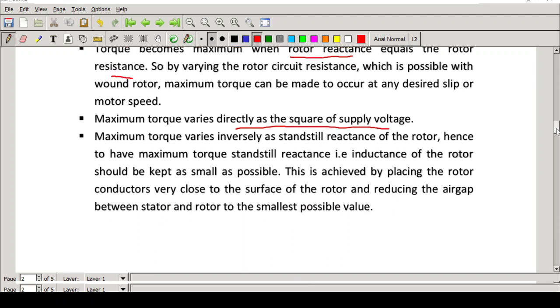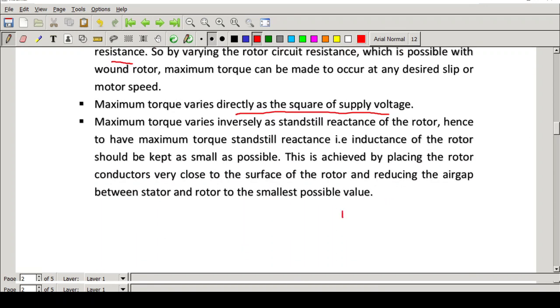Since the maximum torque under running conditions is inversely proportional to the reactance, what we can do is keep the reactance very low, then the torque will be high. So what is X2? X2 is given by 2 pi into F into L2, where L2 is the inductance of the rotor winding.